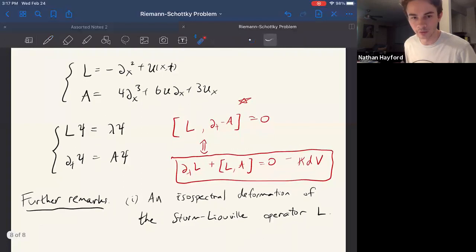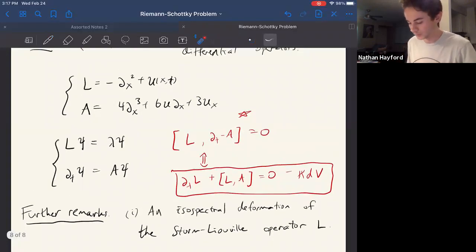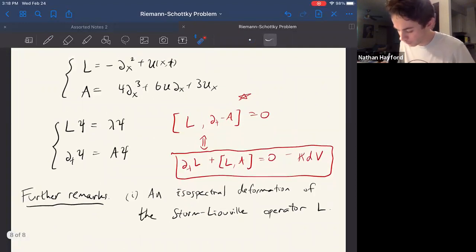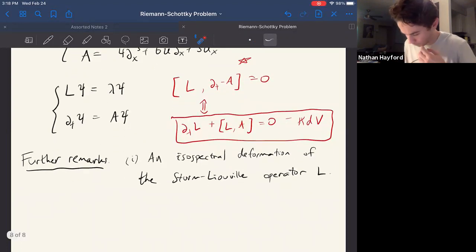So we can think of the KdV flow, the evolution of the function under KdV. What does it do? It deforms this operator L while preserving the spectrum. So we can think of KdV as having this nice property.